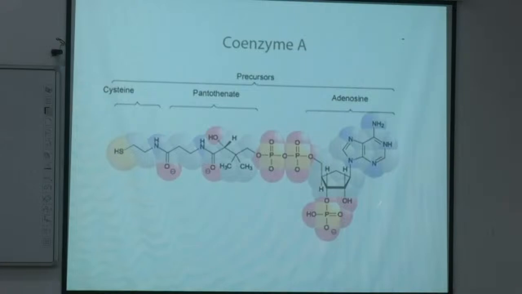See, this is a nucleotide, then one pantothenic acid, organic acid, and then one amino acid, cysteine, SH. Three parts: adenosine, pantothenate, cysteine. Adenosine plus pantothenate plus cysteine. Okay, three parts.